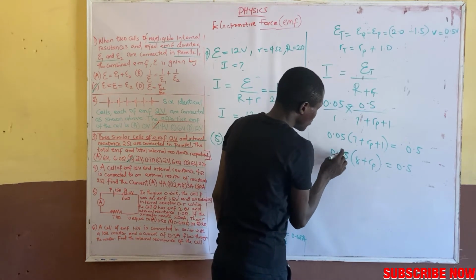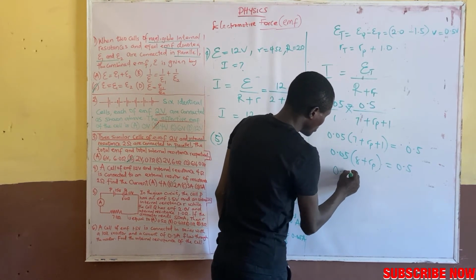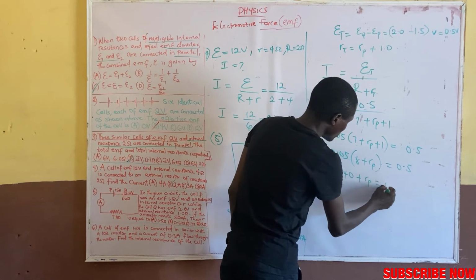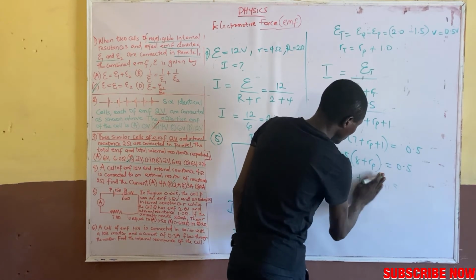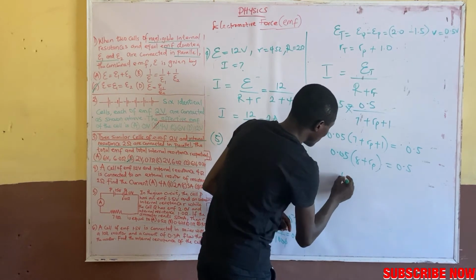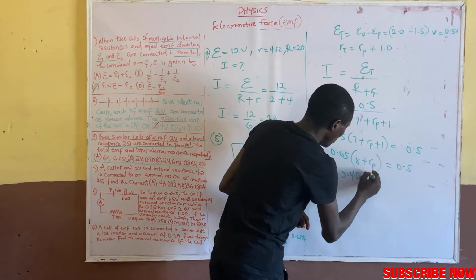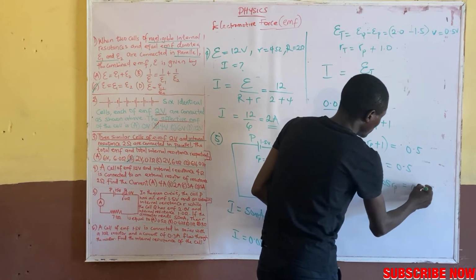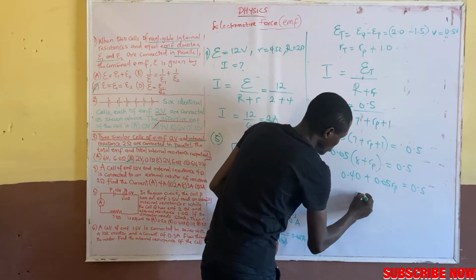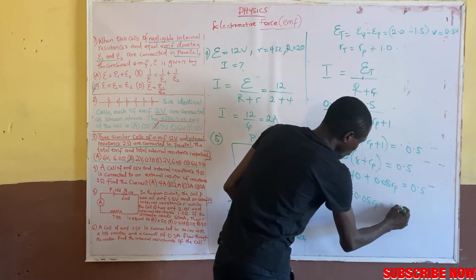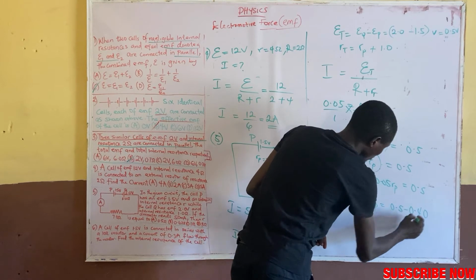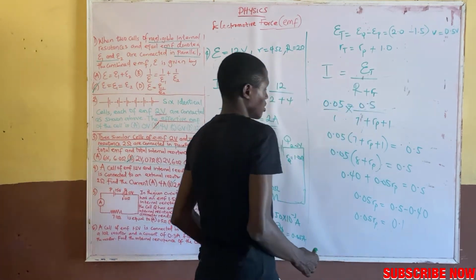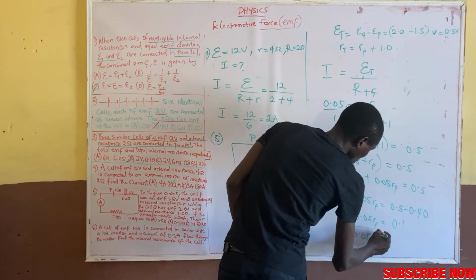So 0.05 times 8 gives 0.40, plus 0.05 Rp equals 0.5. Taking it to the other side, 0.05 Rp equals 0.5 minus 0.40, so we have 0.05 Rp equal to 0.1. So we have to divide by 0.05.